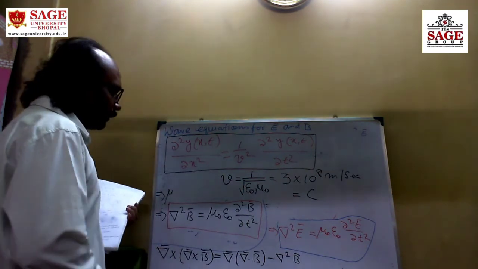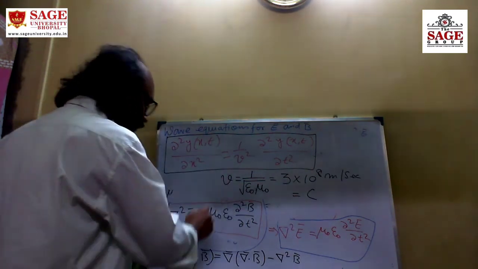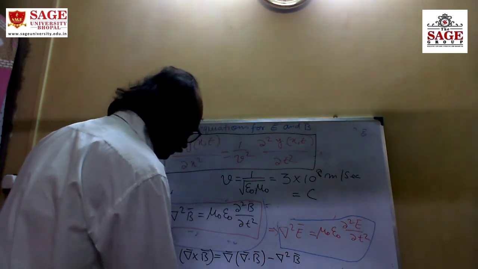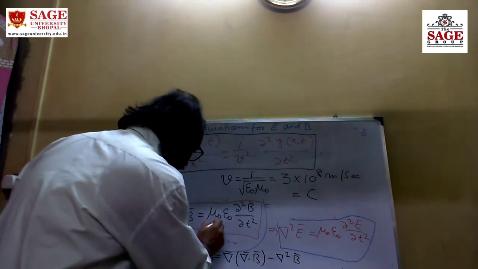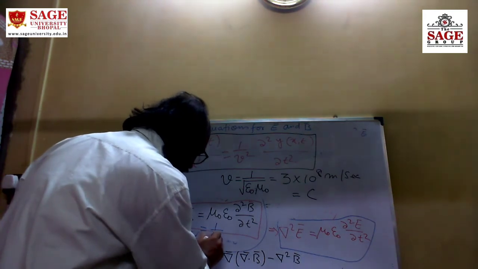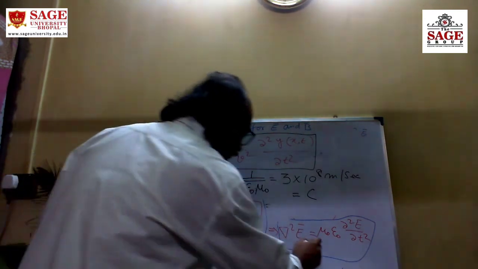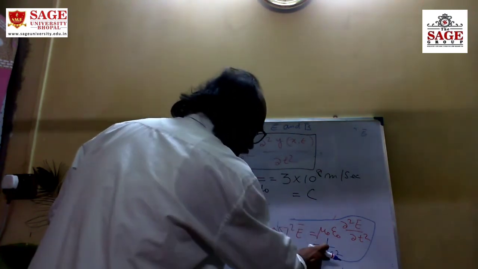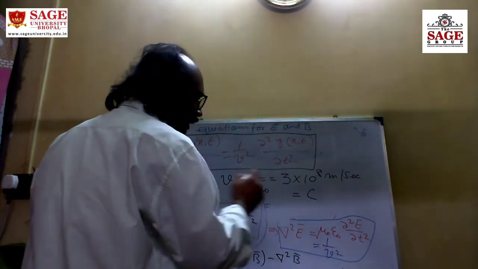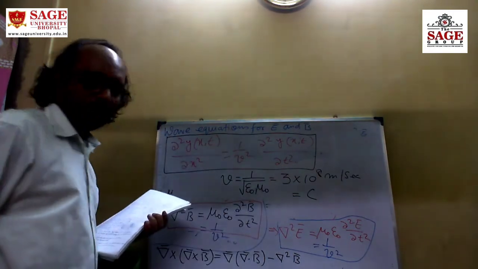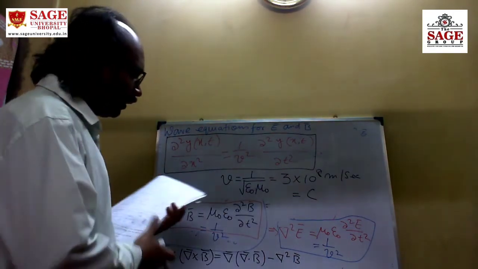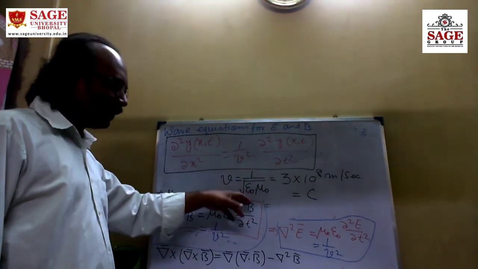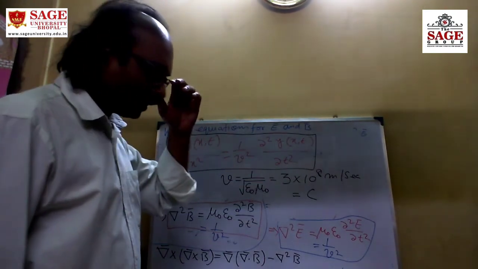So epsilon naught mu naught is 1 by v square, and this v is nothing but the velocity of light c, which is 3 into 10 to the power 8 meter per second after substituting the values of epsilon naught and mu naught in free space.